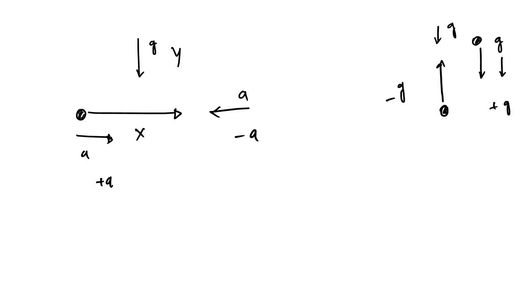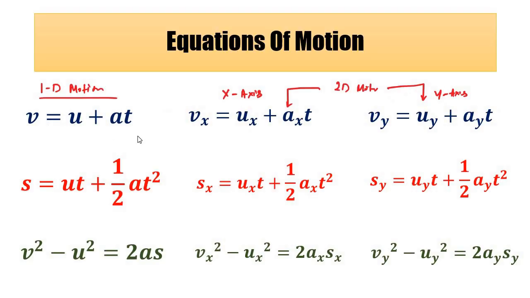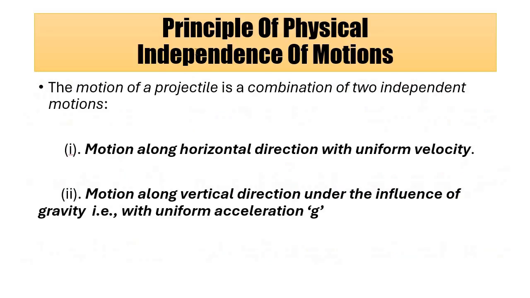Now in the next series of videos, we'll be discussing the different types of analysis of projectile motion with different cases. For now you just remember the basic definition of projectile motion and this important concept, the principle of physical independence of motion.